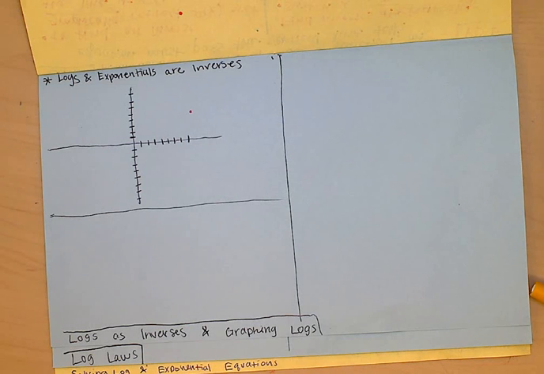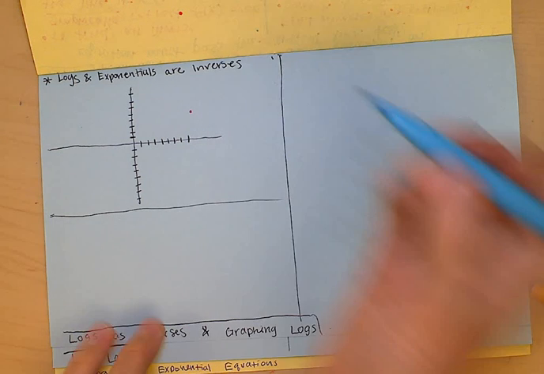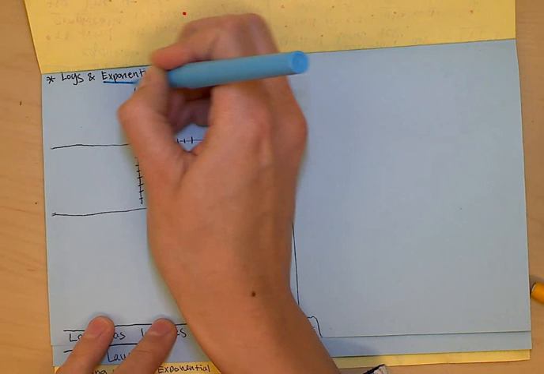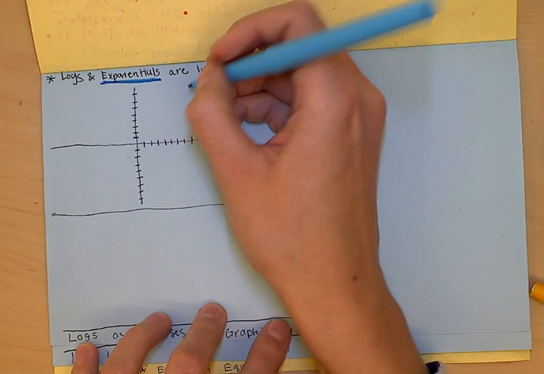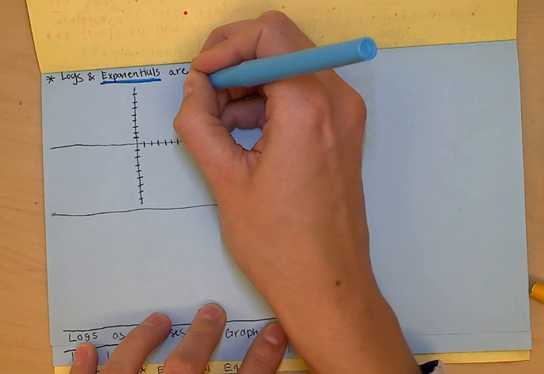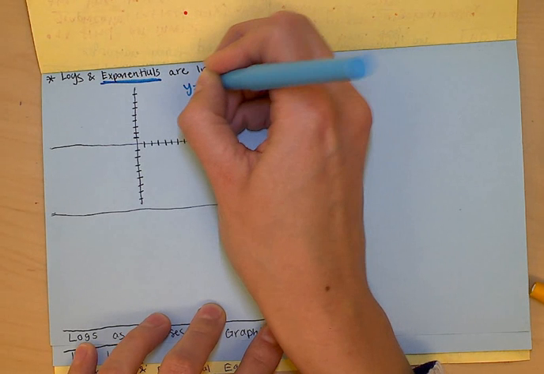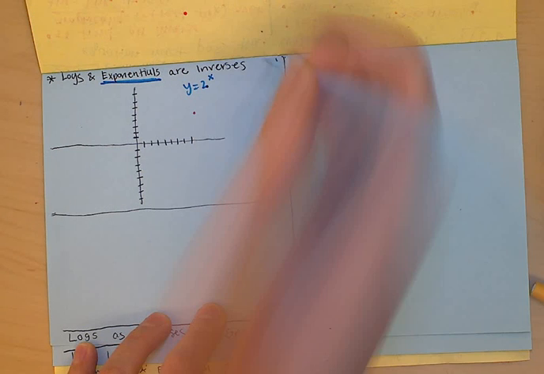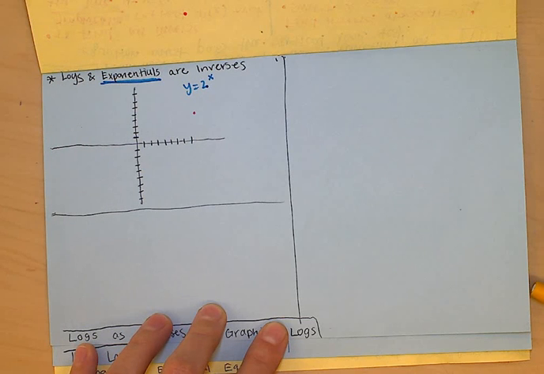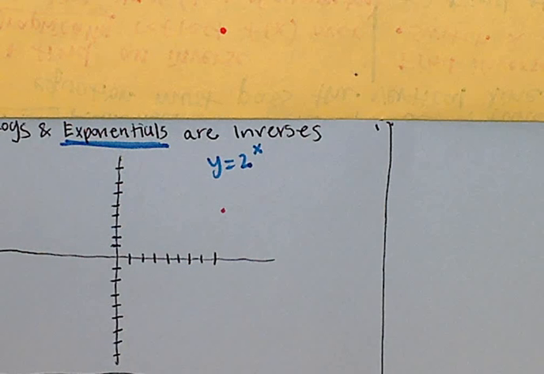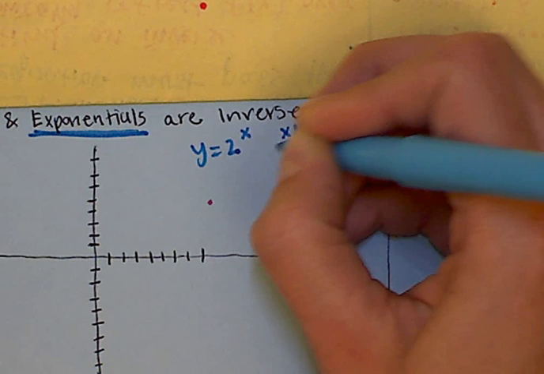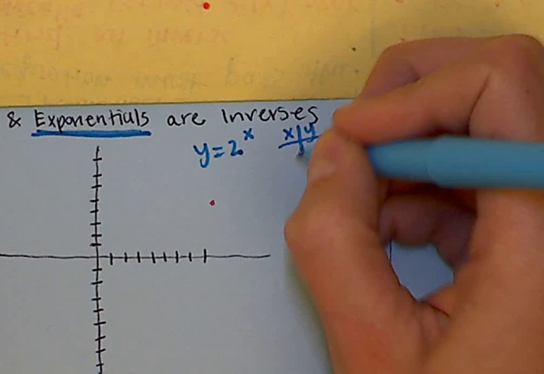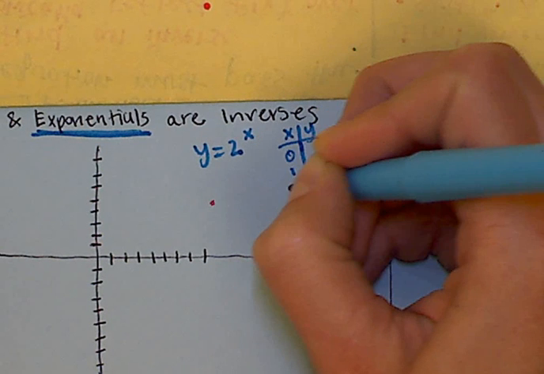So I'm going to graph my exponential graph in blue. And I know that my exponential is going to be the equation y equals 2 raised to the x. In order to get an accurate graph, we could make a little xy chart. I'll plot the points 0, 1, 2, 3.